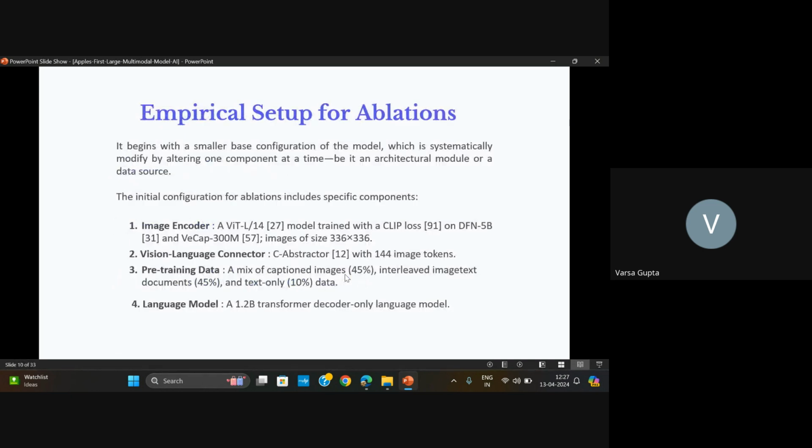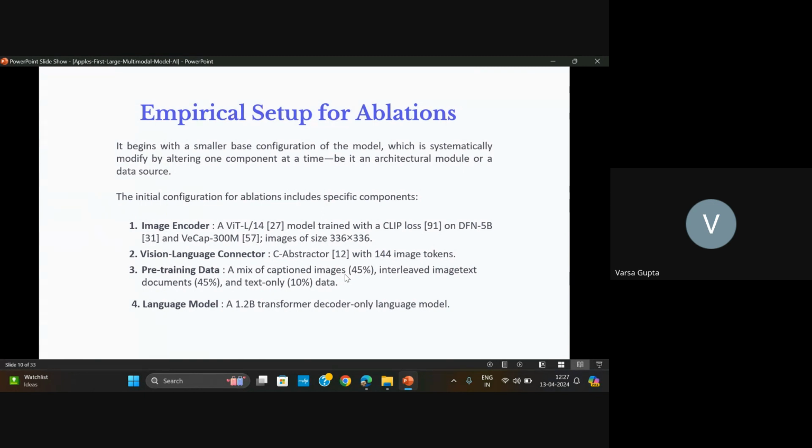Now, the empirical setup for ablation. What is meant by ablation? Ablation involves systematic removal or disabling of a specific component of a neural network to understand its impact on performance.